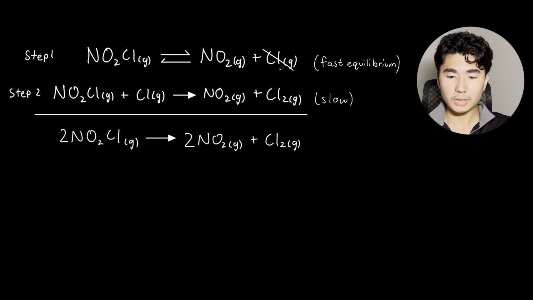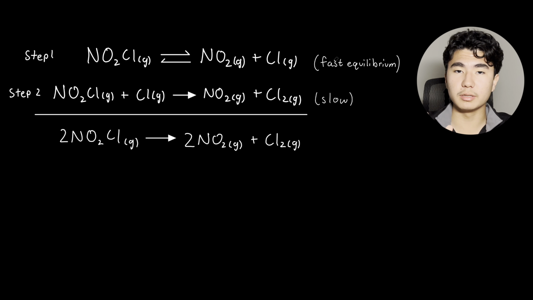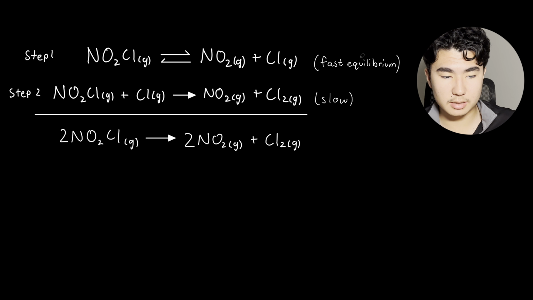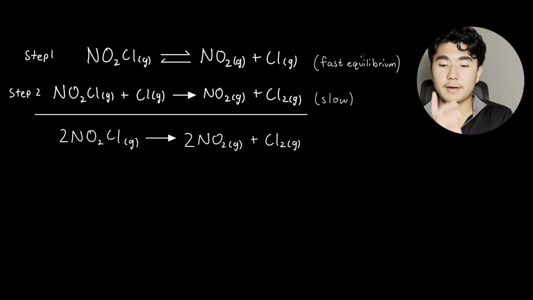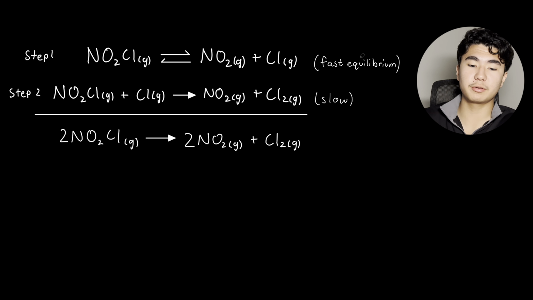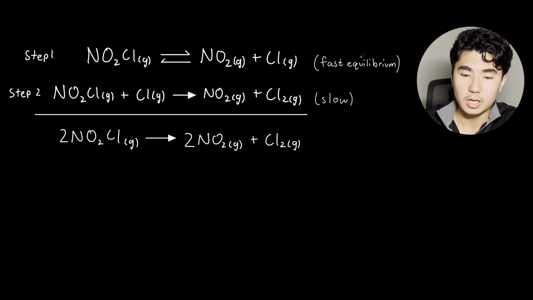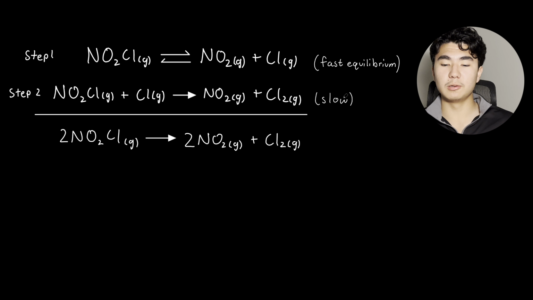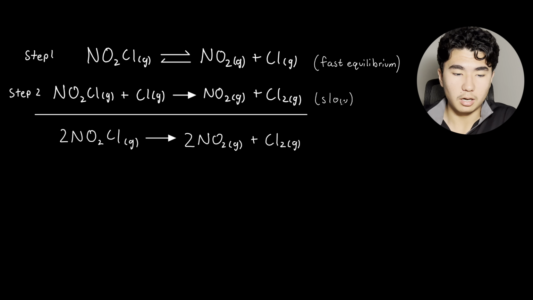But here's something special. When we're trying to find our rate law, that fast equilibrium is necessary in order to find it. So we can't just look straight at our slow step over here.